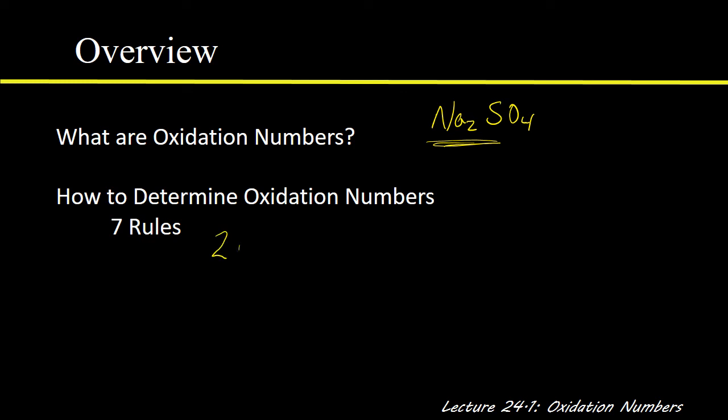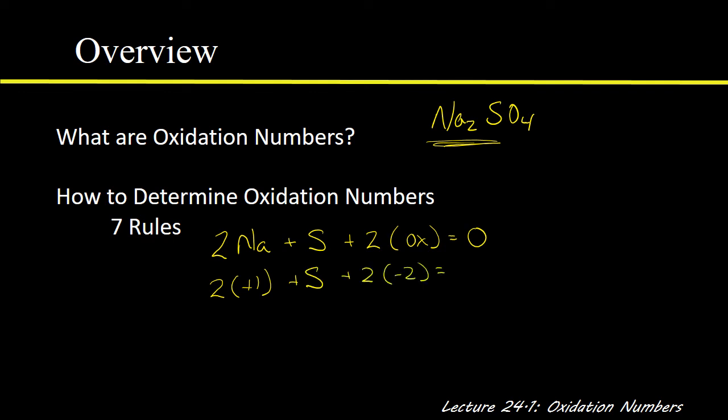We can write a longer algebraic equation like this and say, because sodium is a group 1, we know that it's going to have a charge of +1. Sulfur, we don't know. Oxygen is the most electronegative, so it's going to get its charge of -2.